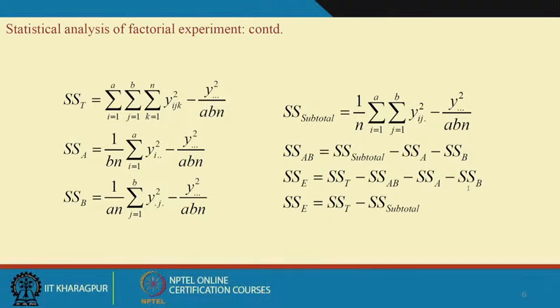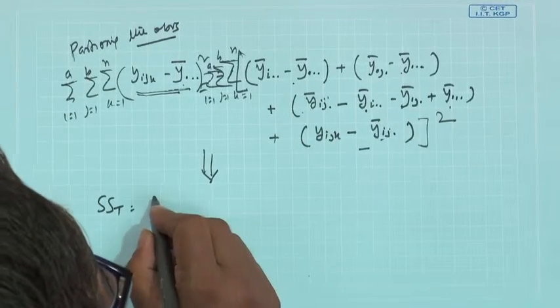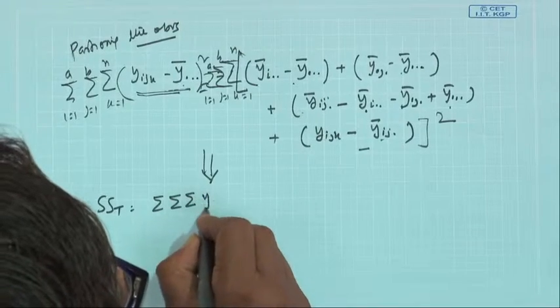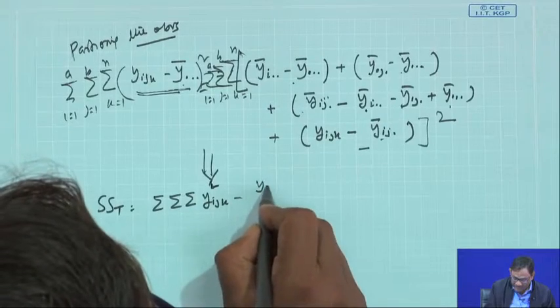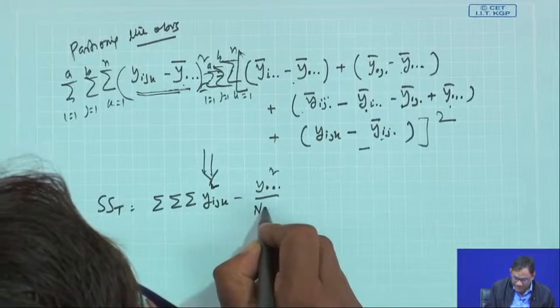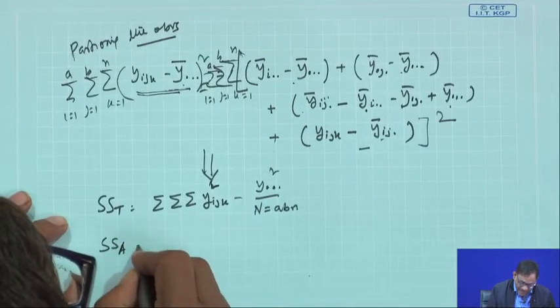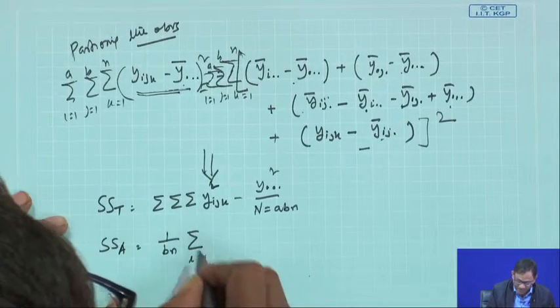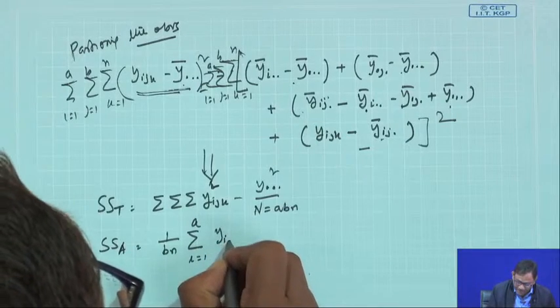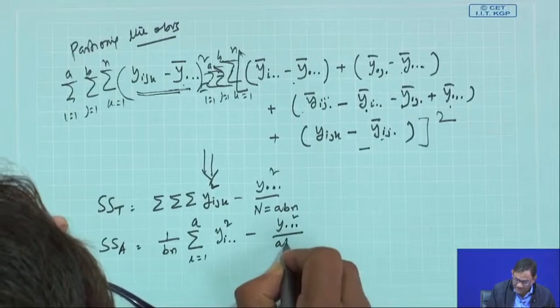So, you will calculate SST by considering all the observations squared and taking their sum minus the grand total squared by N, where N equals ab times small n. How do you calculate SSA? You consider bn observations, sum over i equal to 1 to a of y_i.. squared, minus y_... squared by abn.